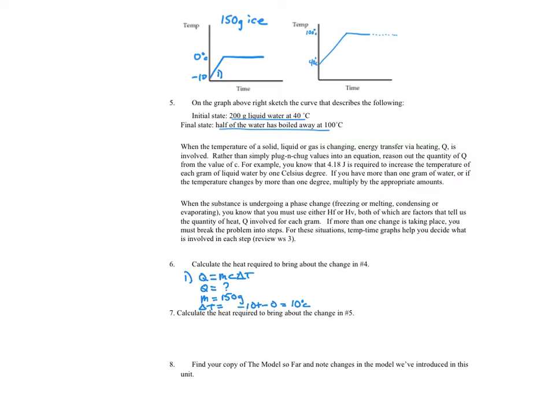So now I'm going to substitute my numbers in. Now I have to look up the specific heat of water. I can find the specific heat of water on worksheet 3, which is the one we did here. So when I look at worksheet 3, I see that the heat capacity of solid water is 2.1 joules per gram per degree Celsius, which is the C of ice.